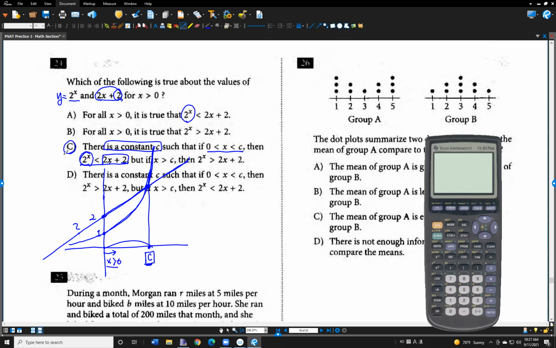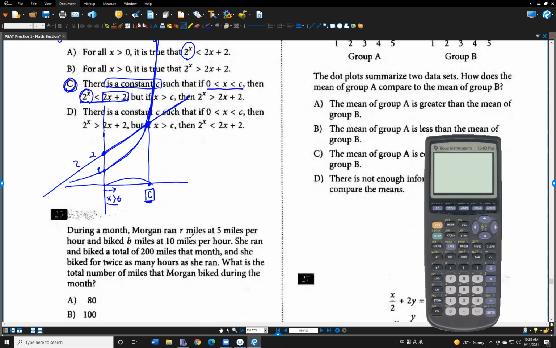Somewhere here we have an intersection. We know that because we start from 2, the slope makes the linear higher. After that, the exponential is higher, very increasing, very dominant. So C is the answer. This is a very popular equation. Remember, okay?